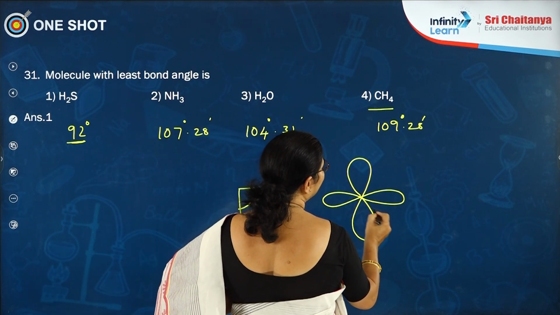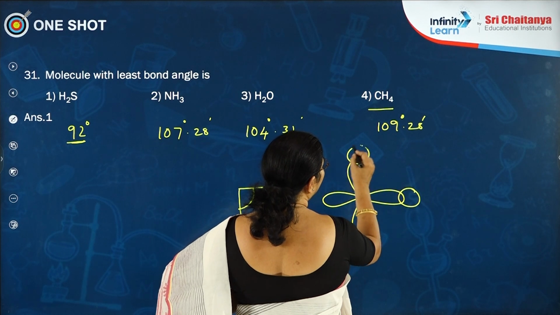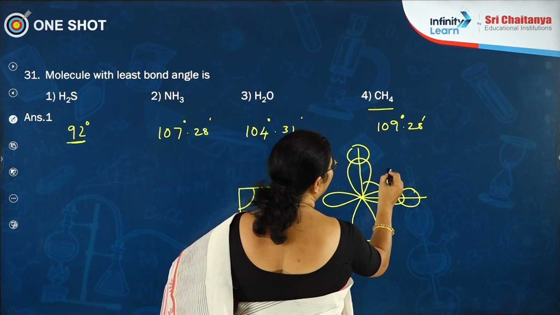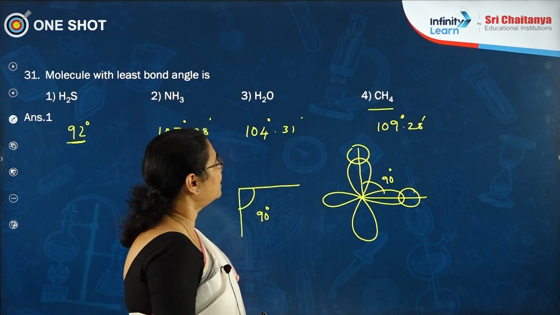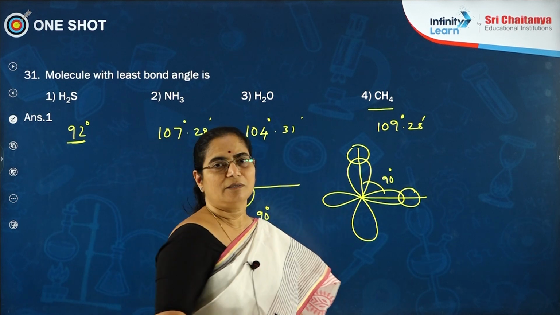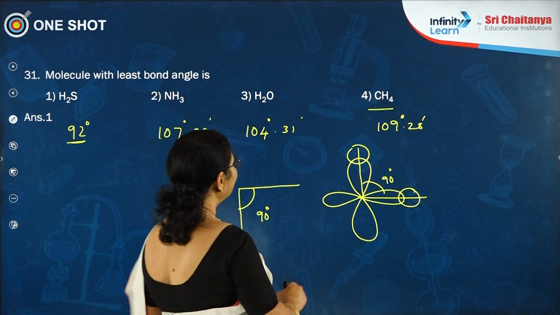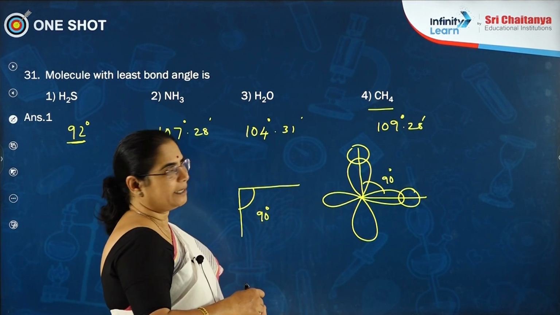So, expected angle is 90 degrees. As per VBT, in water bond angle is 90. So, whenever direct overlap of orbitals is considered, bond angle is expected to be approximately 90.